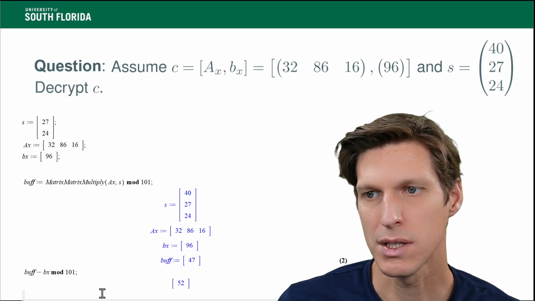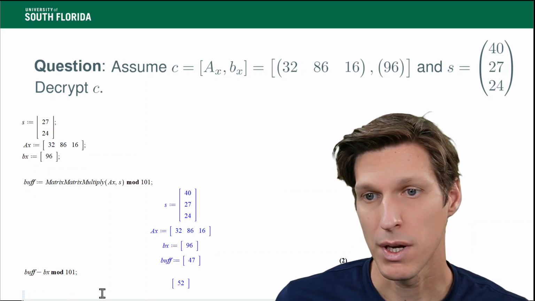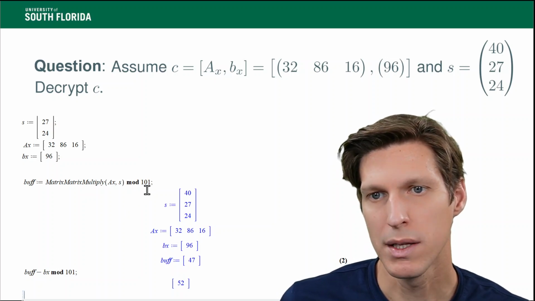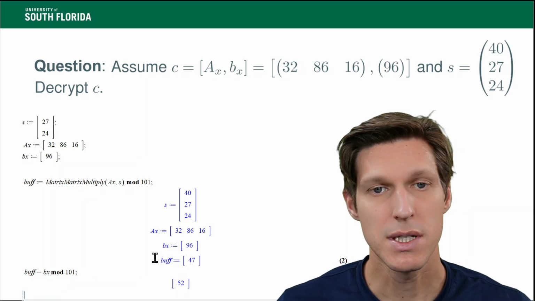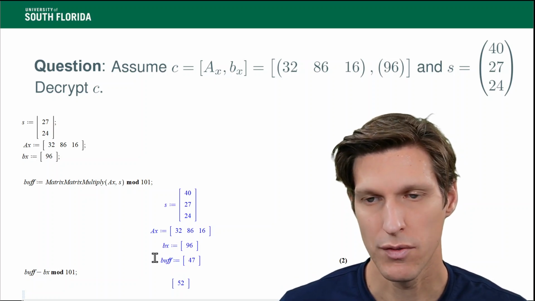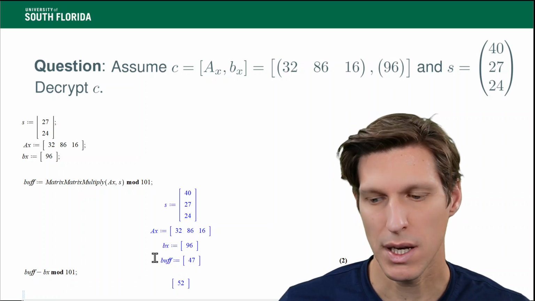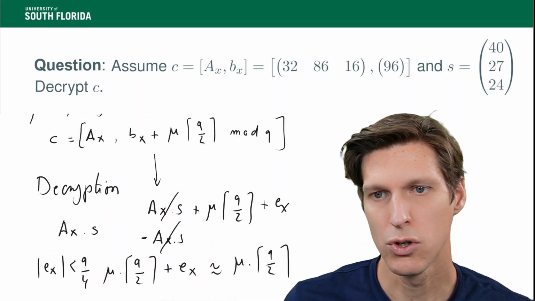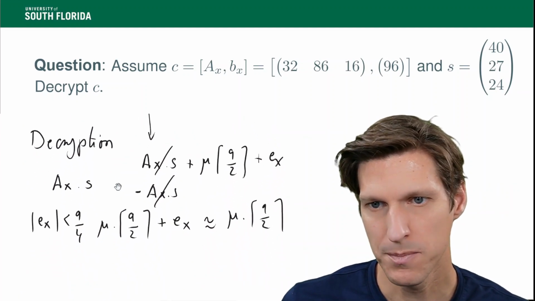And then the question is, when I look at 52, knowing that my Q was 101, am I looking at the decryption of 1 or the decryption of 0? And I need to do this rounding phase. So let me go back real quick to my drawing board.